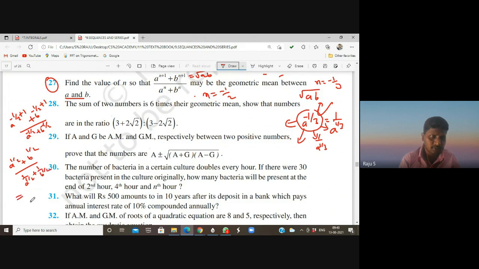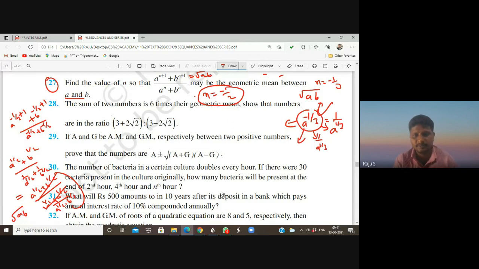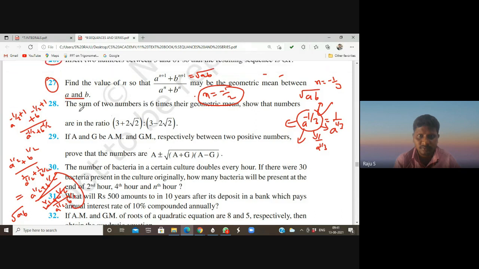Now take LCM: a power 1 by 2 plus b power 1 by 2 over the LCM a power 1 by 2 into b power 1 by 2. Here b power 1 by 2 plus a power 1 by 2 gets cancelled, and the numerator becomes root AB. Absolutely right, students. n equal to minus 1 by 2 is absolutely right. Clear, students? You can try this, otherwise I'll explain in the next class.